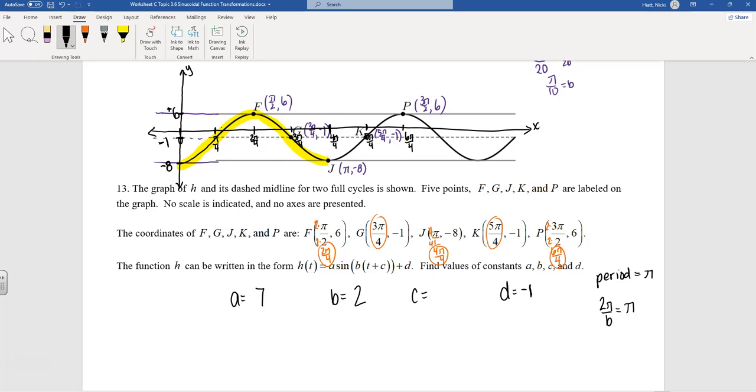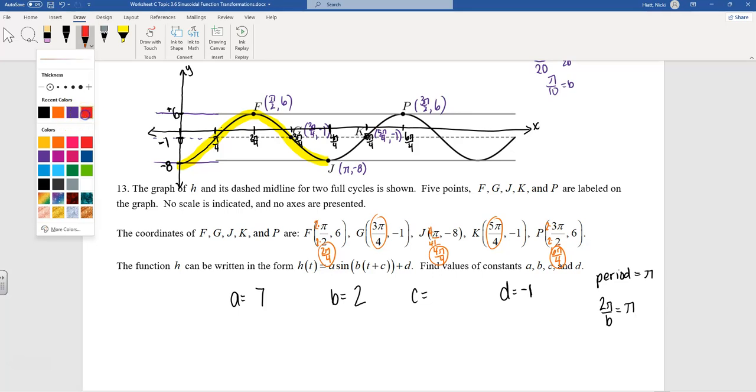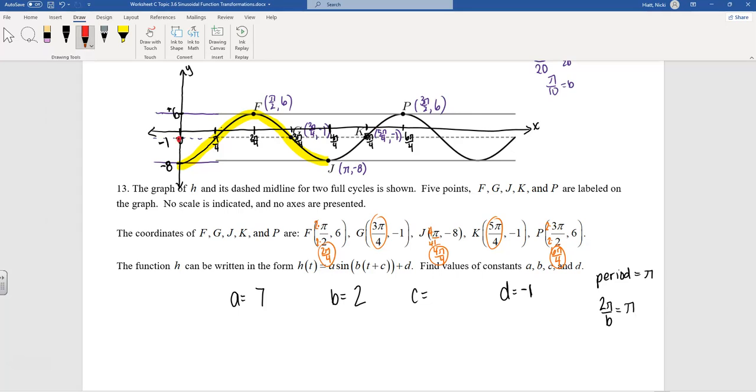And then C, we need to think about shifting. So if we are using sine, it usually has a y-intercept at the midline, and then it will go to a maximum, back to the midline, minimum, back to the midline. So I like to actually draw in a dotted graph right here.